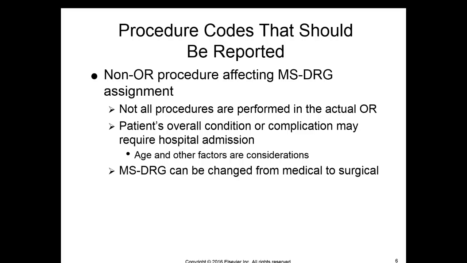When we look at this second example, a patient comes in with progressive chronic renal failure stage 5. They put in a vascular access device for dialysis.